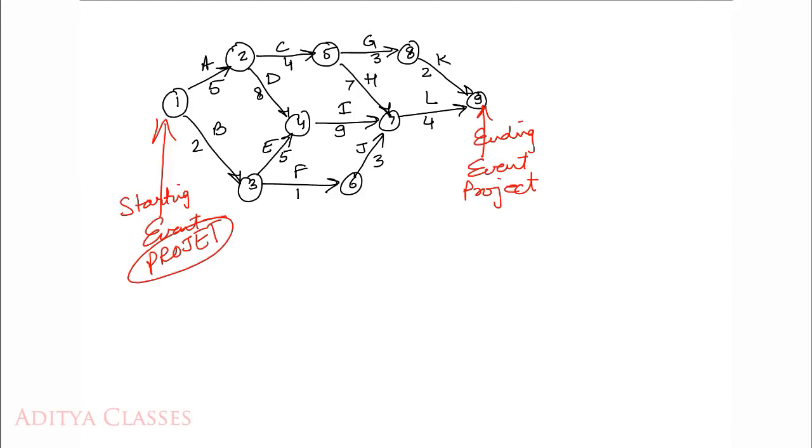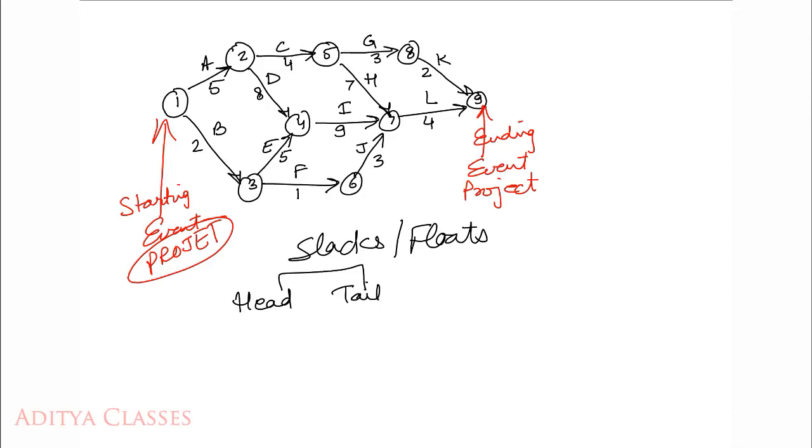Now, when we go further and try to see what are the slacks and floats available for the network. Slacks and floats. Okay, so what are slacks? We divide slacks into two. We have head slack and then we have tail slack.